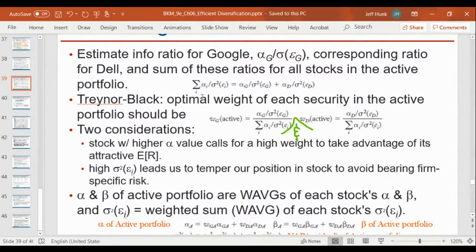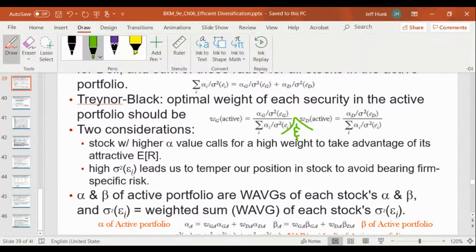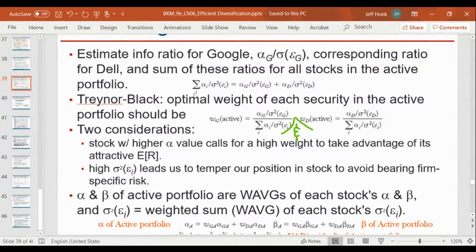So then, think about it. The weight of this active portfolio is, as I said, a weighted average: the information ratio of Google plus the information ratio of Dell. You might say this is not exactly the information ratio, because the information ratio has the standard error in the denominator, but here it is the variance of the error terms.